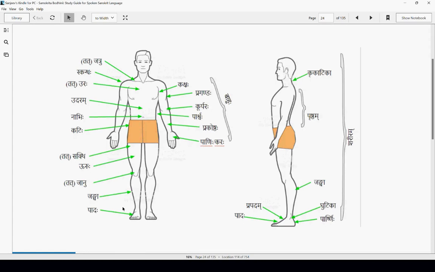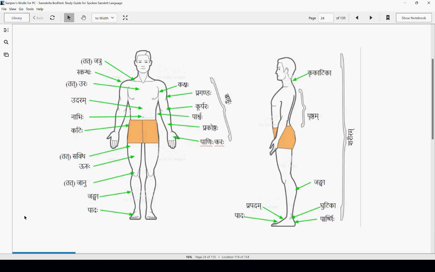Kakshaha. Is that the left side of the chest? Left side of the person. Kaksha is not the left side of the chest. It is the armpit. Okay. Next, Pragandaha.